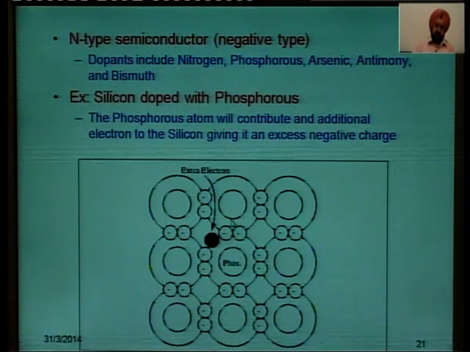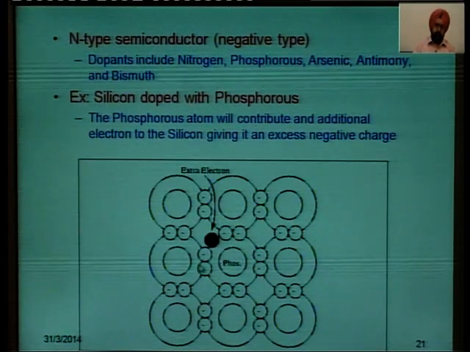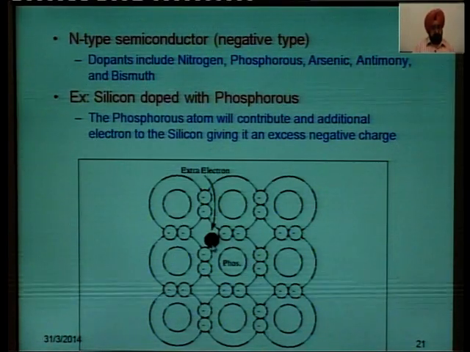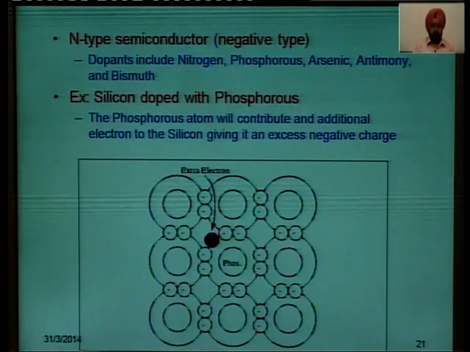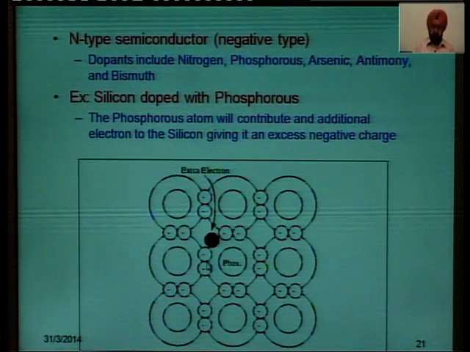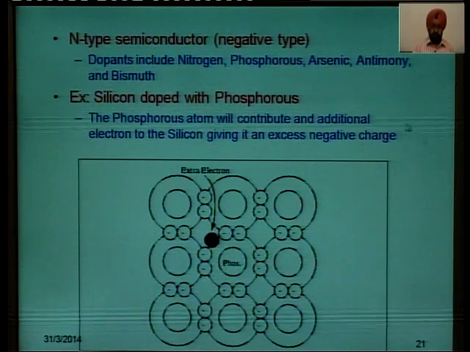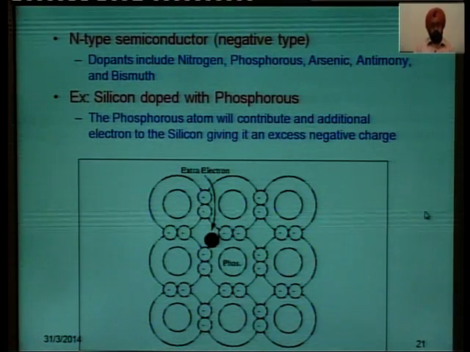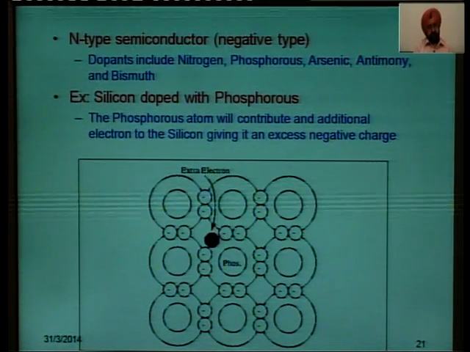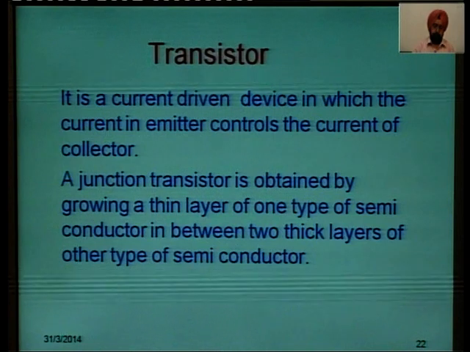So, 4 of the electrons make covalent bonds, and the 5th electron is free. So, there is an excess negative charge in this extrinsic semiconductor. So, we call it negative type, that is n type semiconductor. Majority carriers in n type are electrons, and majority carriers in p type are holes.